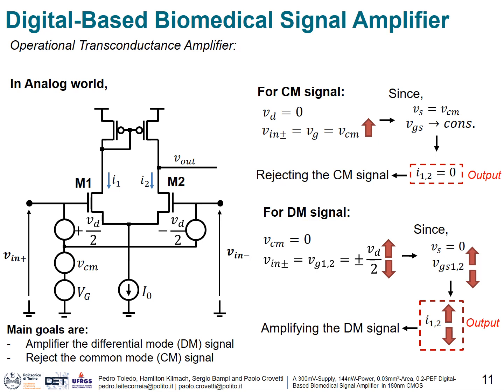To do so, this classical differential pair structure creates a kind of virtual ground for the differential input signal through this current mirror here, while none is created for the common mode signal. The net value of the output current here is the sum of the small signal currents generated by the differential input, while nothing is seen for the common mode input signal.